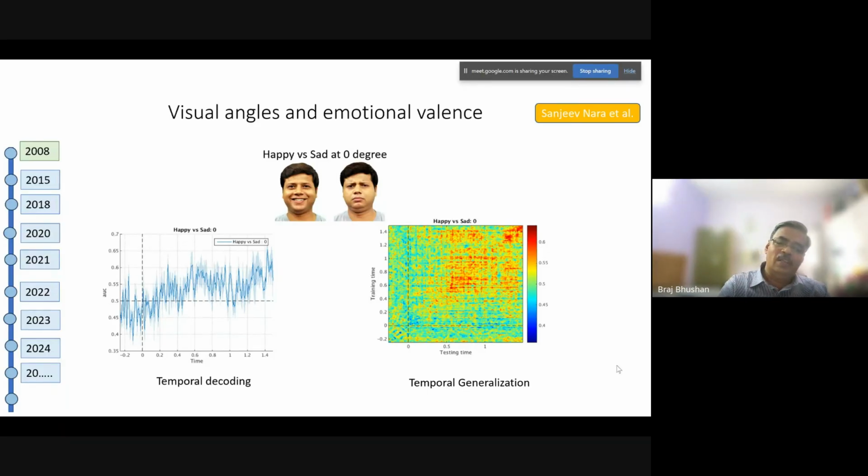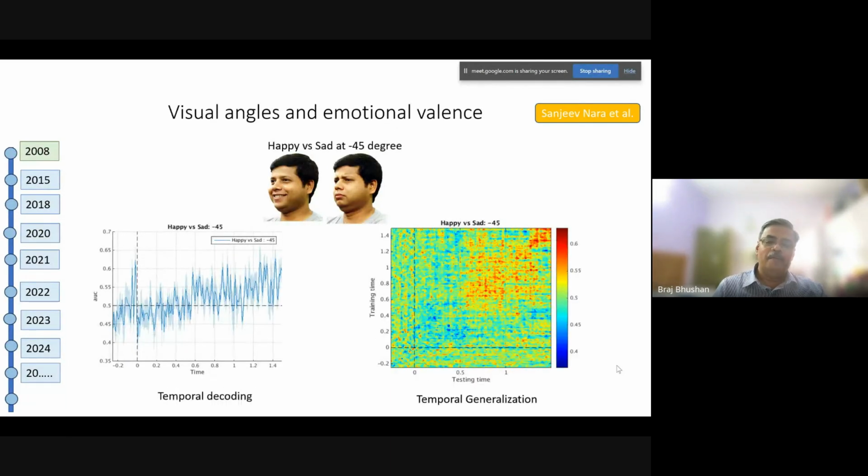You can see here the front profile of the happy versus the sad face of one of the individuals expressed in our database. And on the bottom, you see the temporal decoding, the time difference between happiness and sadness. And this gave us a very clear idea in terms of how the front profile is examined and detected, how the side profiles are.